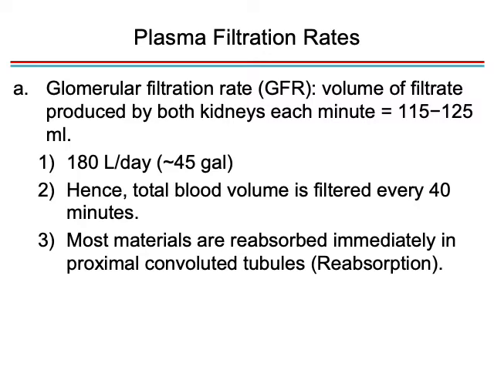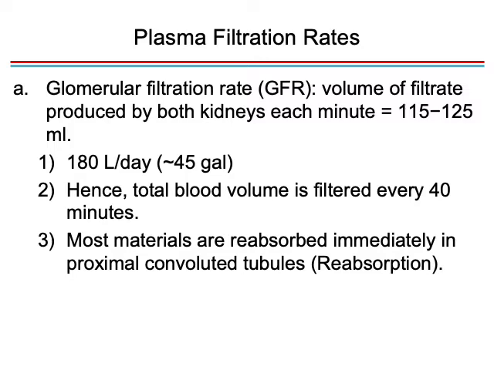If you do the math, you'll find out that the total blood volume is filtered every 40 minutes or so. And every day, approximately 180 to 200 liters are filtered through both kidneys every day of your life, assuming you have healthy kidneys.